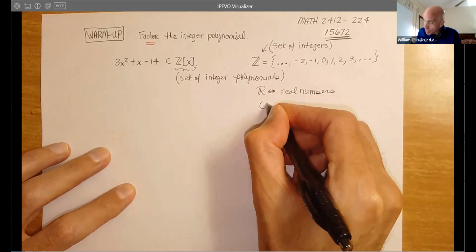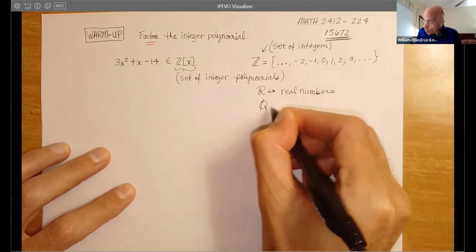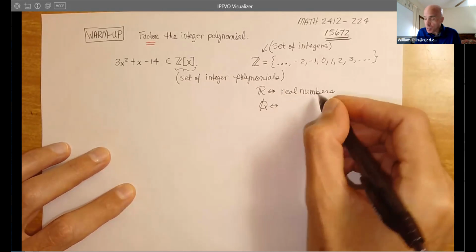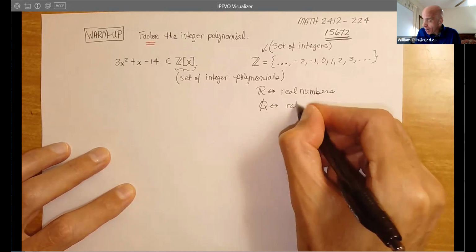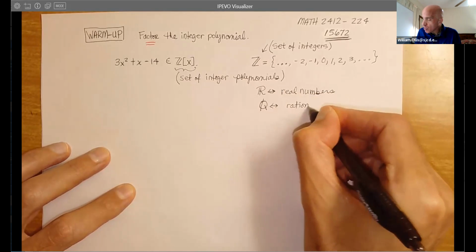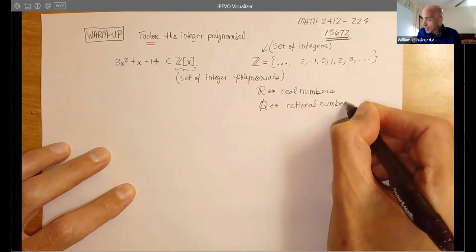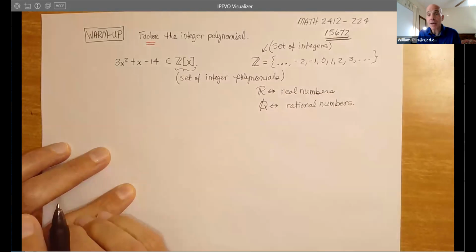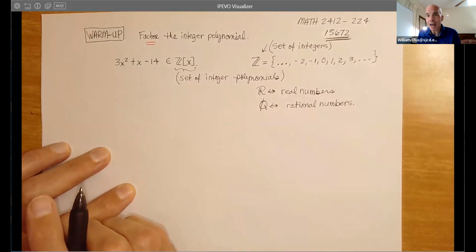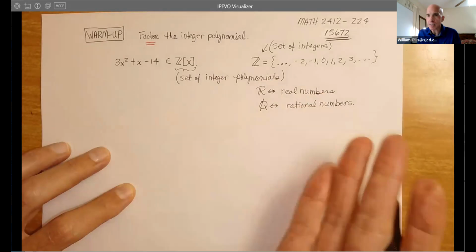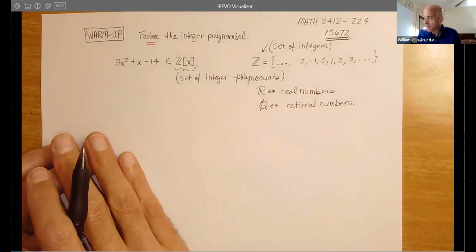Another notation will be a script Q for quotient, and this will just stand for the fractions, the rational numbers. Now you may have already used these notations in your previous class in college algebra. You may have even used them in high school in algebra 2. Notation like this is standard and very convenient.